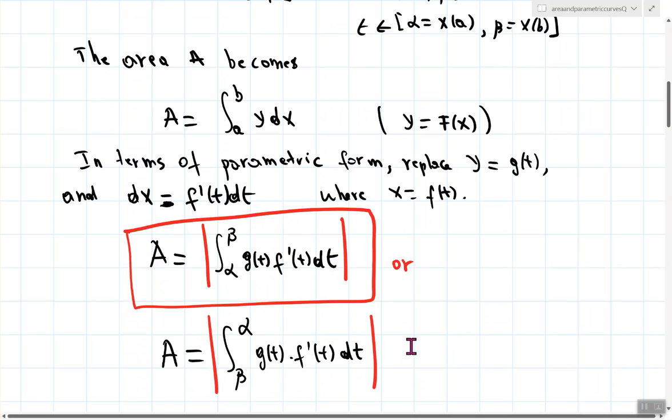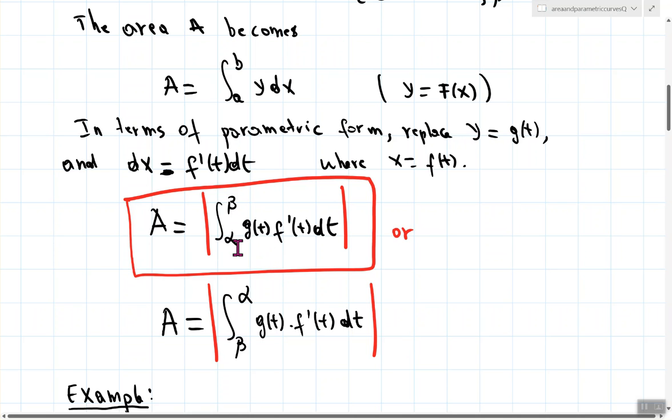As you can see here, the second integral, you start from beta to alpha. So that's why it's important to have the absolute value bar. Okay, so if you have a negative area, let's say you integrate and you get -5, then the absolute value of -5 is 5, for example.